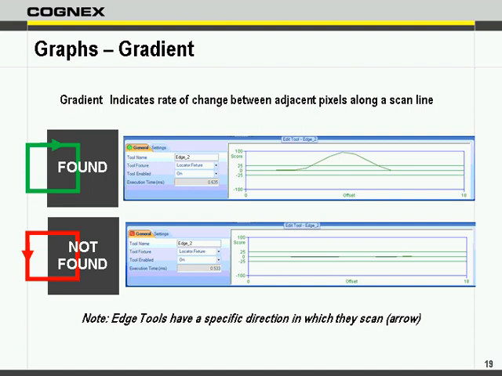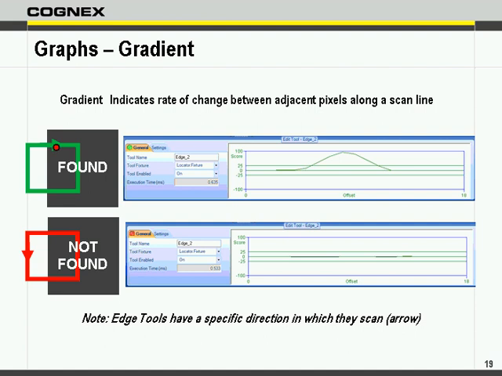Another type of graph that is used with presence-absence is a gradient graph to determine edges. When we use this tool, it is oriented by direction. It is a searching function within this direction, but notice as it searches this way, we just get a straight line on the graph, meaning I have not made a transition.